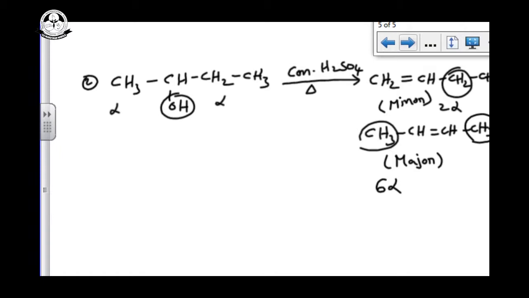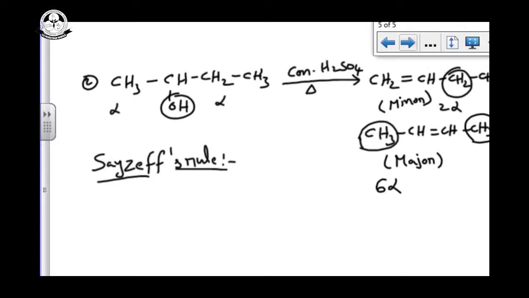Otherwise, there is one rule in GOC called the Saytzeff rule. What does the Saytzeff rule mean? Hydrogen is removed from the alpha carbon containing the lesser number of hydrogens, and that is the major product.